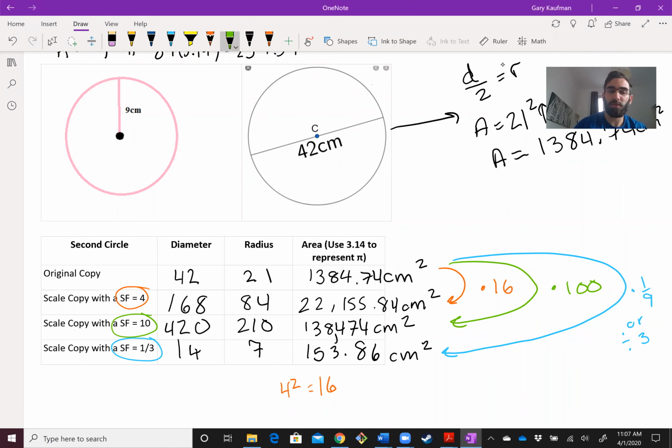The scale factor was 10. 10 squared is 100. The scale factor was 1/3 squared, which is 1/9, which is dividing by 9. And that was the pattern. Area is units squared. So the scale factor is taken into account twice.